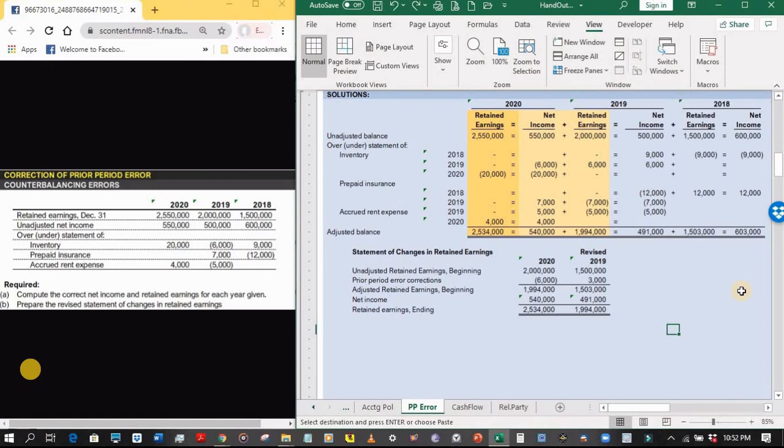The statement of financial position errors only affect the real accounts, and the income statement errors only affect the nominal accounts. These two types are easier compared to the counterbalancing and non-counterbalancing errors, because their correction procedure is not as hard, as they just involve reclassification of accounts from one real account to another real account or one nominal account to another nominal account.